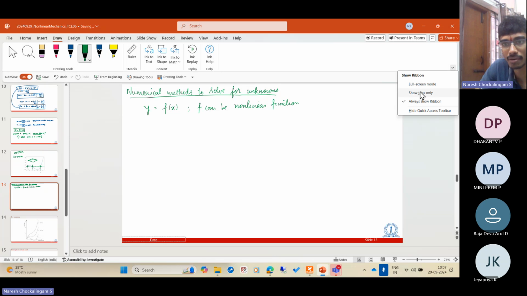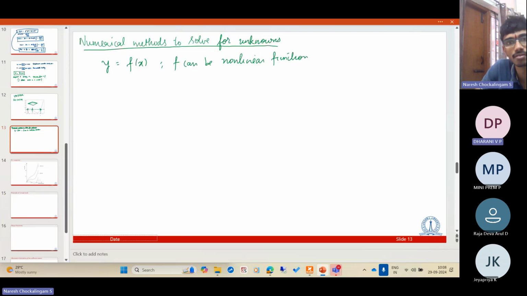What methods are you aware of to solve this? Euler's explicit, implicit methods, Newton-Raphson method, Simpson's method. Euler's explicit and implicit is for ordinary differential equations, but this is an algebraic equation.